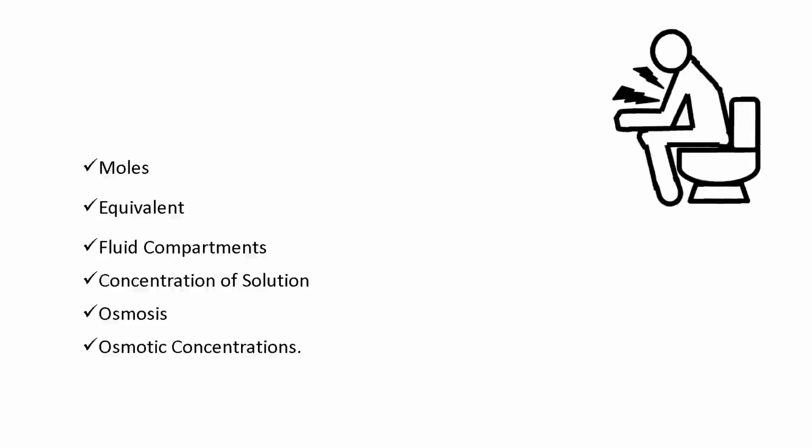It is simply derived by multiplying moles of ions present in a solution with their valence. In this part 2 of the series, we learned about the meaning of concentration of a solution, the unit of which is molar concentration. Then we learned the basic concept of osmosis, and finally we learned what is osmotic concentration of a solution.